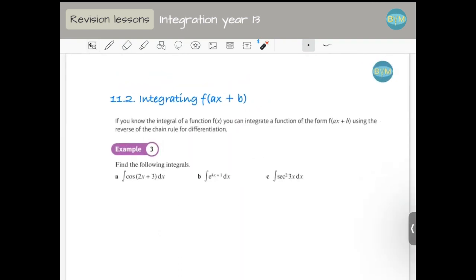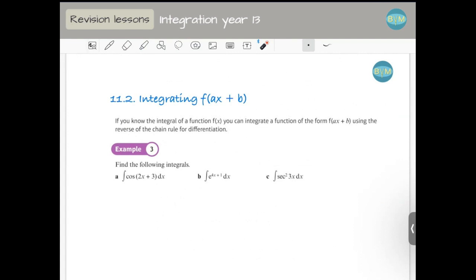One of the very helpful things is to remember that when you are integrating a function of ax plus b, so a straight line, a linear function, so 2x minus 5, you don't need the derivative of that function, because the derivative of that function is just going to be a constant. So if I have 2x plus 3, my derivative is going to be 2.